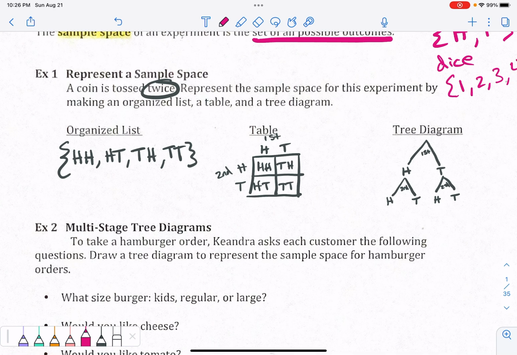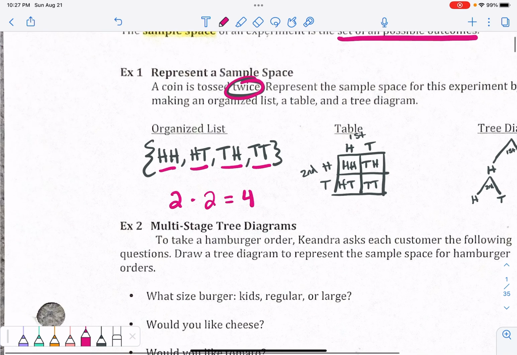All right, now let's talk about real quick how, because sometimes it's hard to know how many outcomes you have in a list. And so here I know there was 4, but how do you know that there's 4? Well, if I'm tossing a coin twice, there's 2 outcomes for the first toss, there's 2 outcomes for the second toss, and I multiply those together, and that means that there's 4 total combinations that are going to be in my sample space.